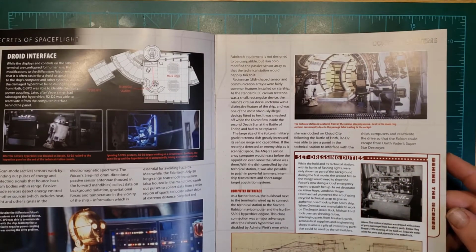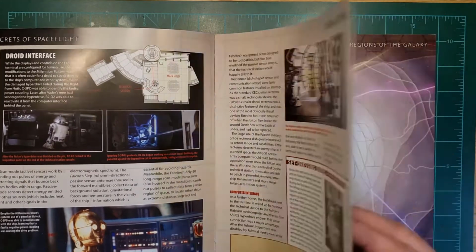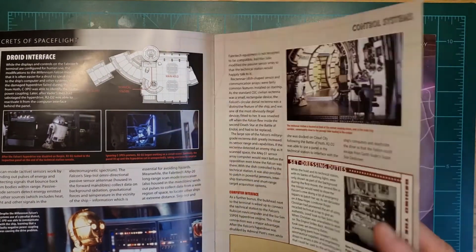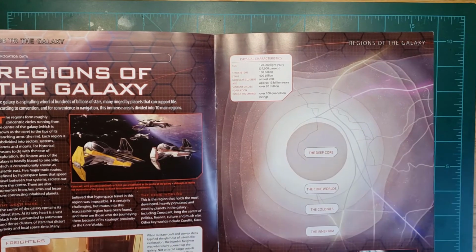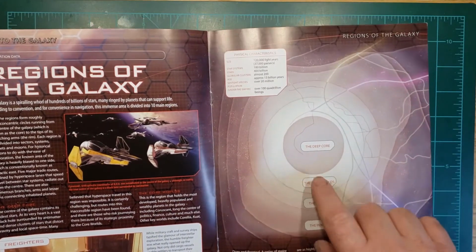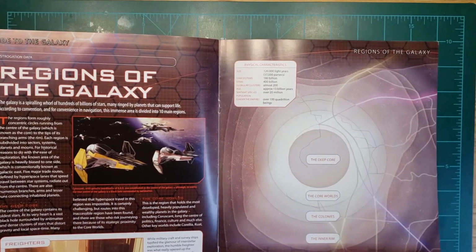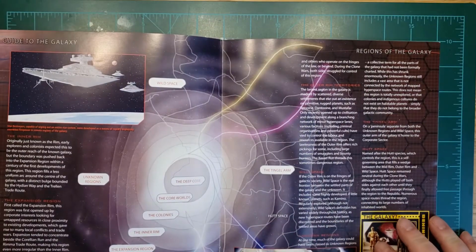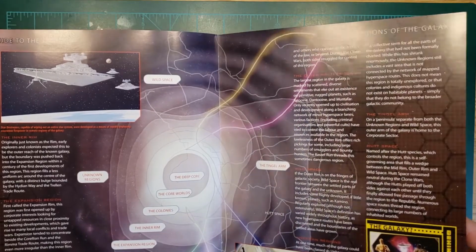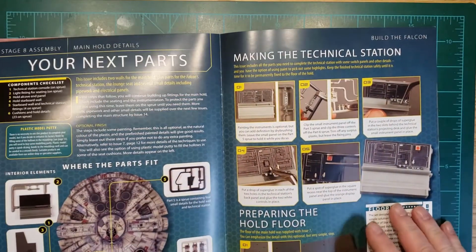Some of the set dressings and more of the, I guess, internal sections. Then we're going to go a little bit about the regions of the galaxy. So that'll be kind of interesting, help you get an idea of how things are laid out and whatnot. And of course, we always have the behind the scenes stuff.